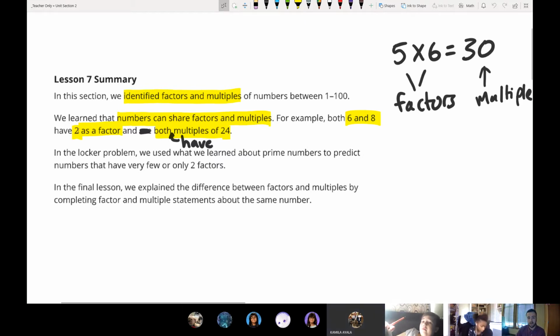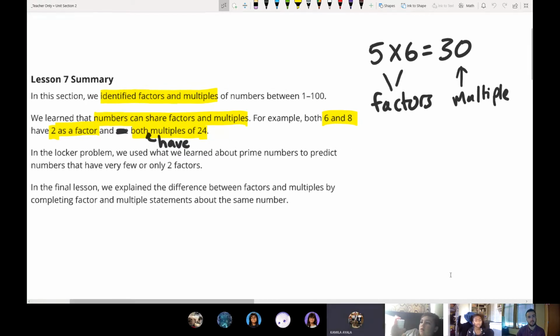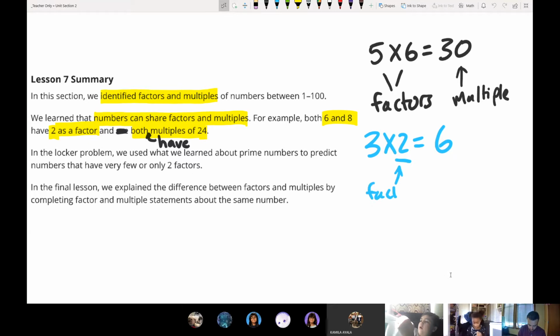So if I'm thinking of 2 as the factor, how can I prove that 2 is a factor of 6? Three times 2. Right. 3 times 2 equals 6, because there's the 2 there. That's a factor. And then we have 6 here. That's the multiple of 2 and a multiple of 3.